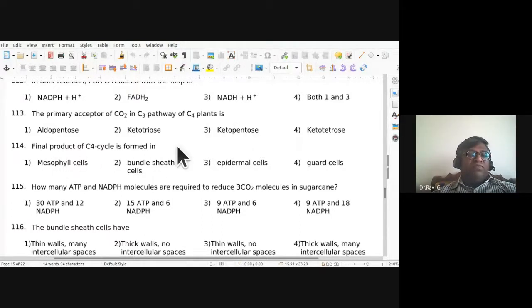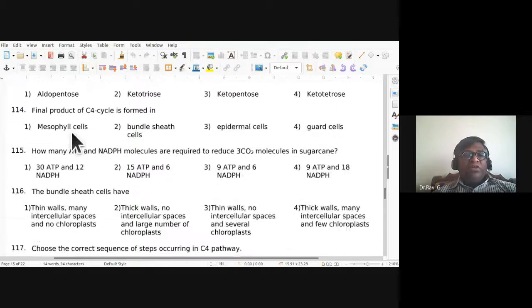Final product of C4 cycle is formed in mesophyll cells, bundle sheath cells, epidermal cells, or guard cells. So the final product of C4 cycle is formed in the bundle sheath cells.